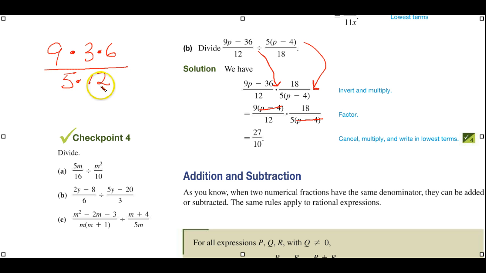I'm just factoring that a little bit. Now the 6 will go into 12 twice, and that's about it. So we get the 9 times 3 is 27, and 5 times 2 is 10, and that's what they get to. They're not showing how they canceled here a little bit, but they don't have to show you everything.